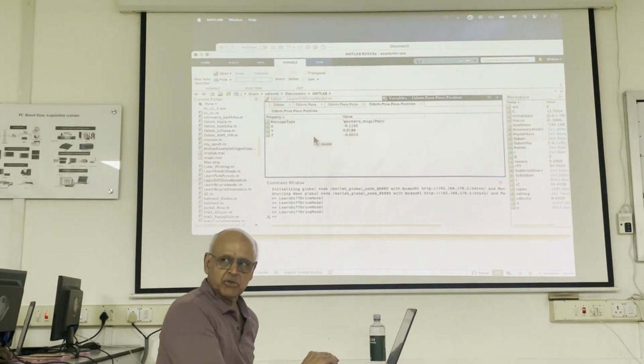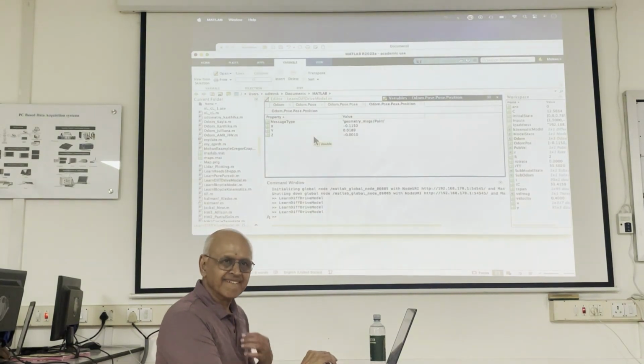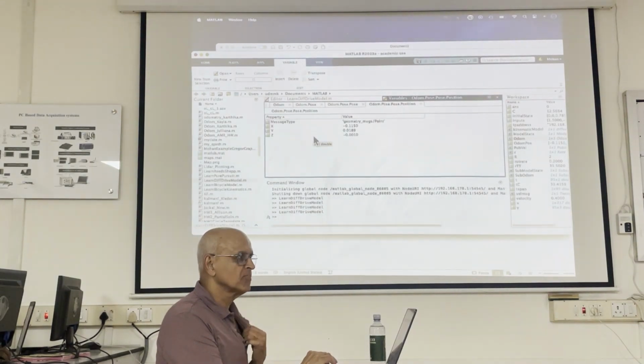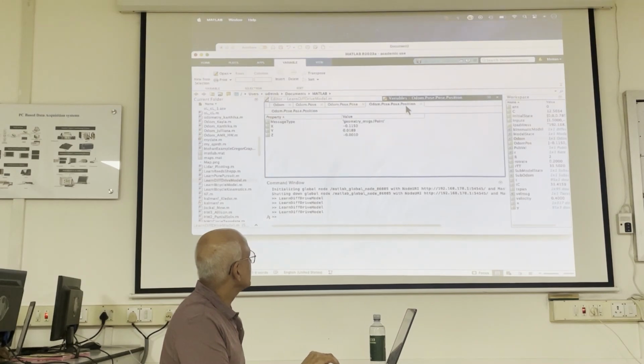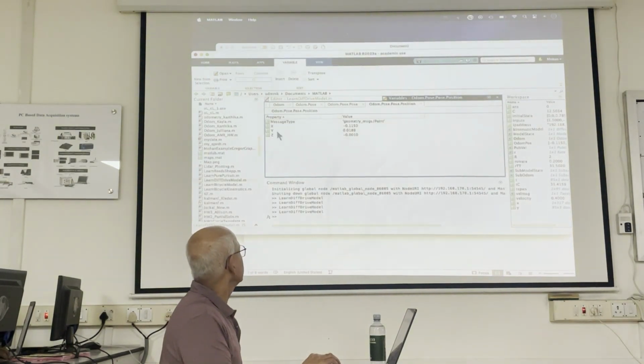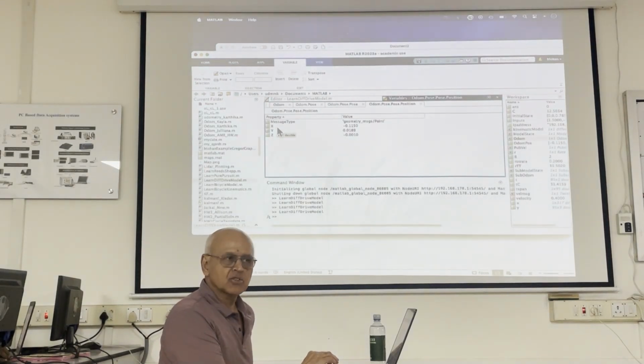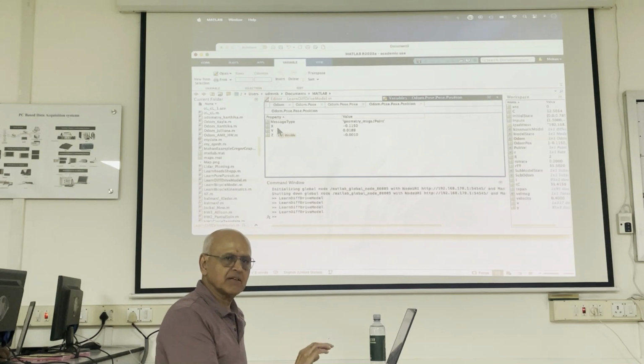Here are the XYZ positions. So obviously the X position is odom.pose.position.x. So that's how you figure out how to get those structure variables, the data structure.